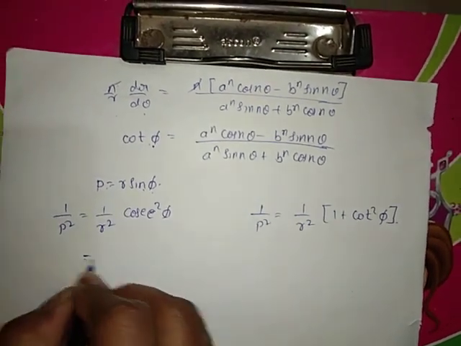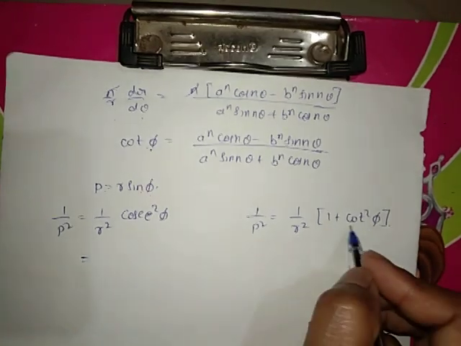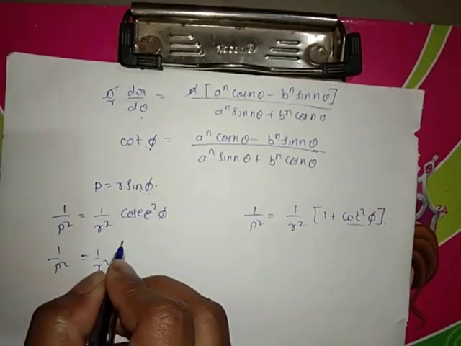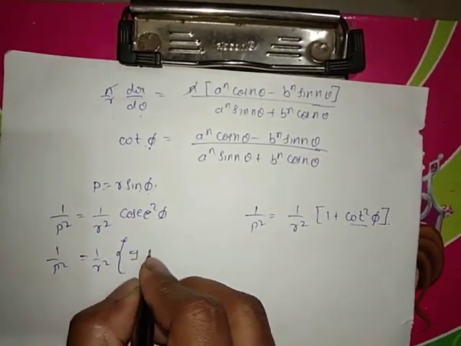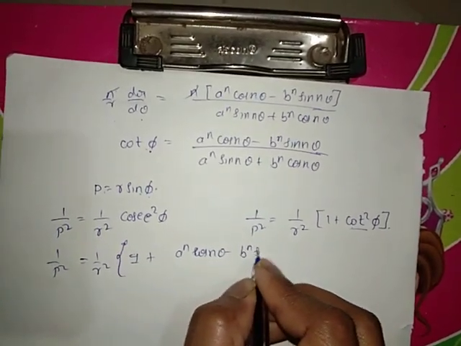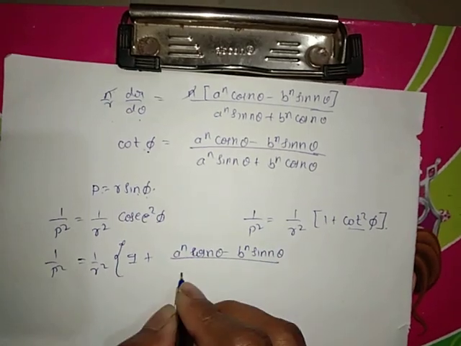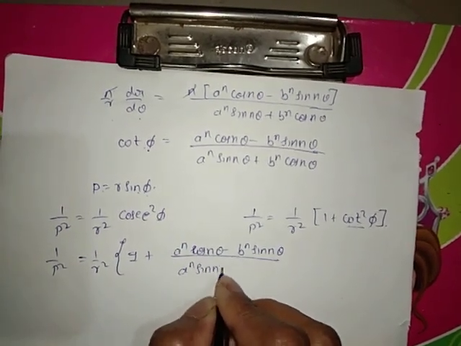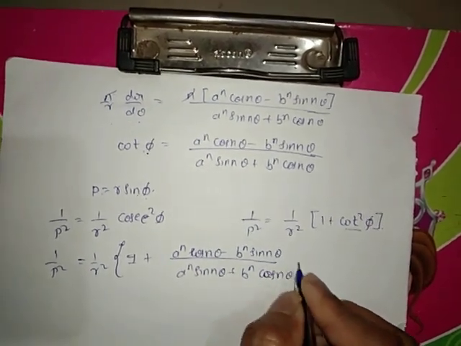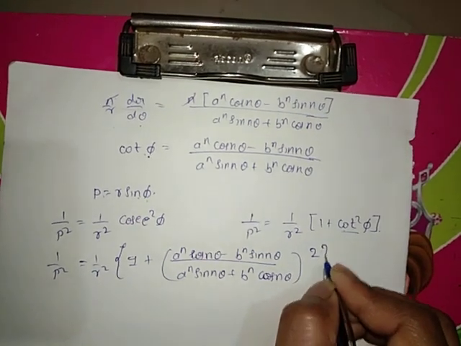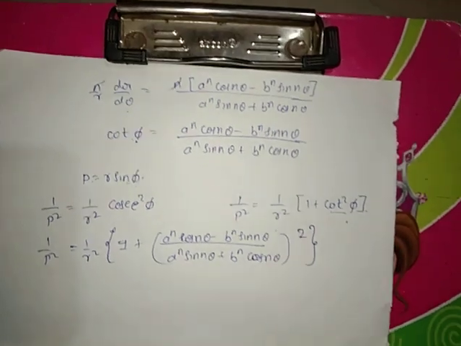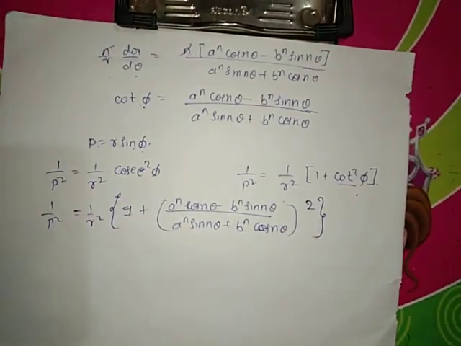Now, because we know the cot, substitute the cot here. 1 by p square equal to 1 by r square into 1 plus a raised to n cos n theta minus b raised to n sin n theta divided by a raised to n sin n theta plus b raised to n cos n theta whole square, because we need cot square. That square is applied for both numerator and denominator.